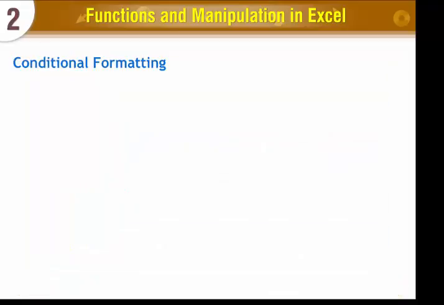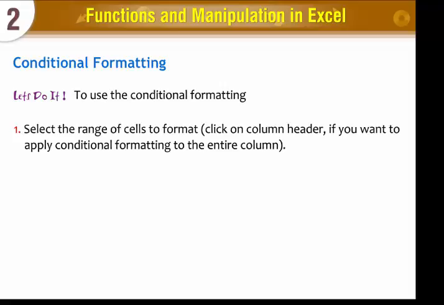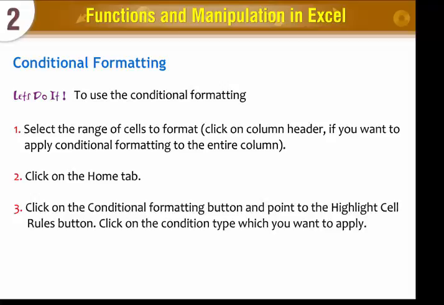Conditional formatting. Let's do it. To use the conditional formatting, select the range of cells to format. Click on column header if you want to apply conditional formatting to the entire column. Click on the Home tab. Click on the Conditional Formatting button and point to the Highlight Cell Rules button.